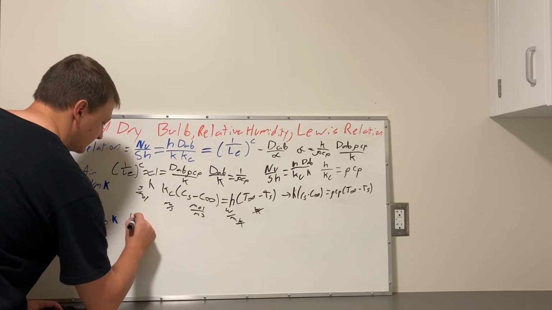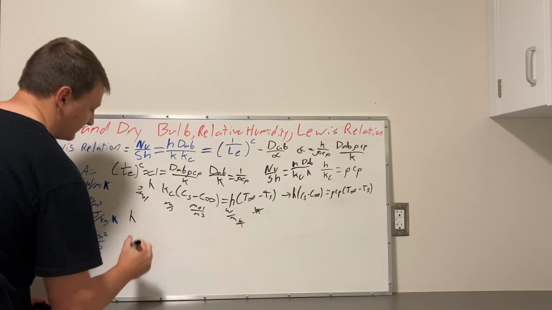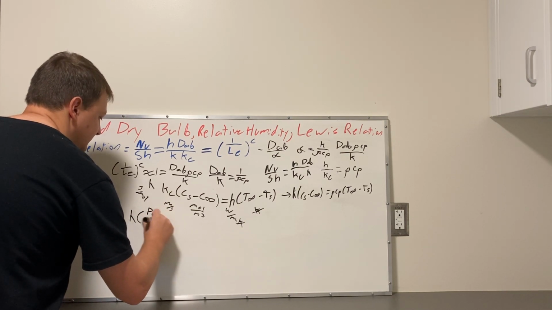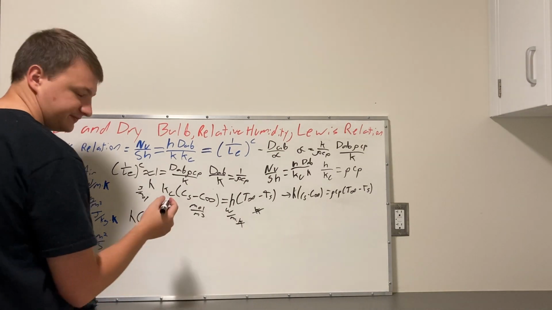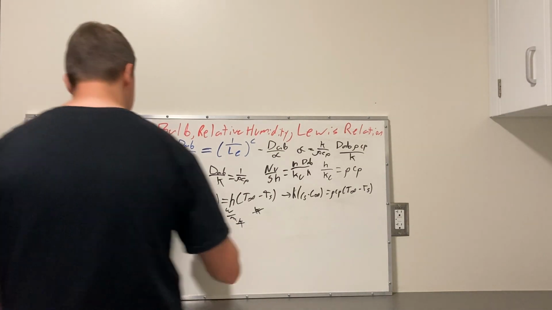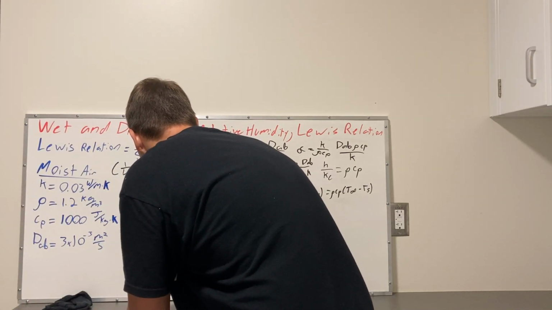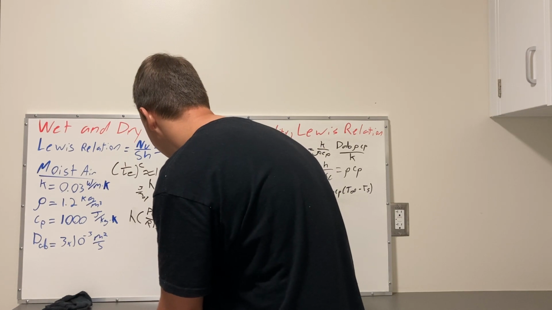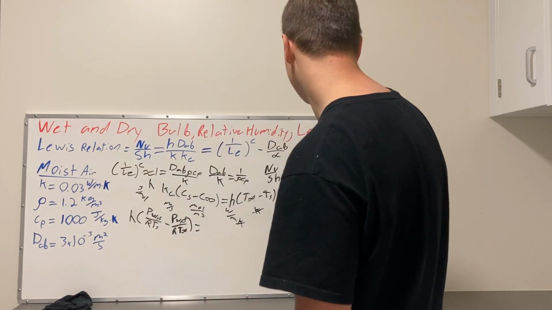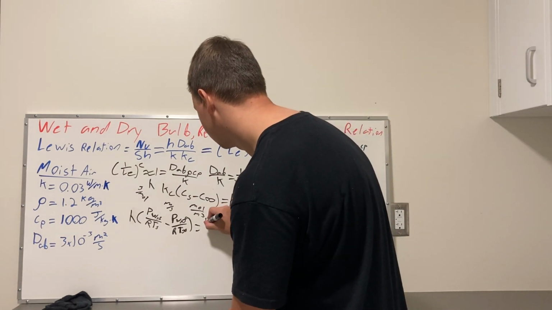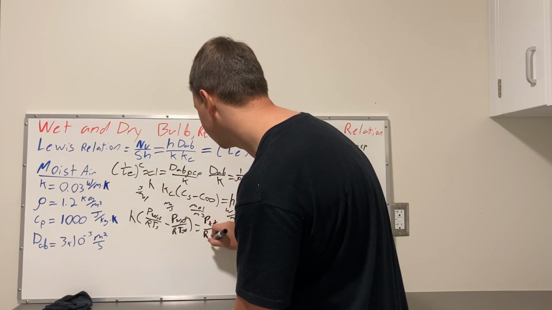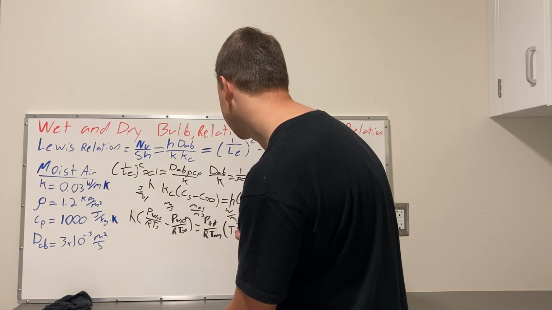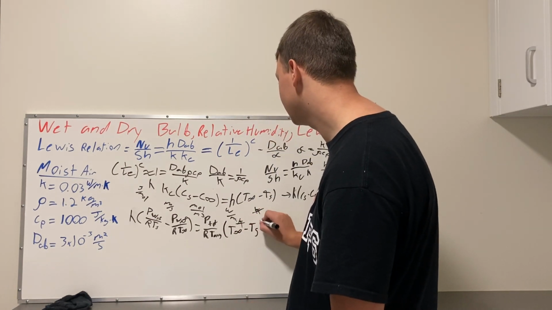The heat of vaporization times the concentration of the surface, which is the pressure of the water at the surface over the gas constant times the temperature at the surface, minus the pressure of the water of the environment divided by our gas constant times the temperature of the environment, equals, for density, the total pressure over the gas constant R times the average temperature, times the temperature of the environment minus the temperature of the surface.